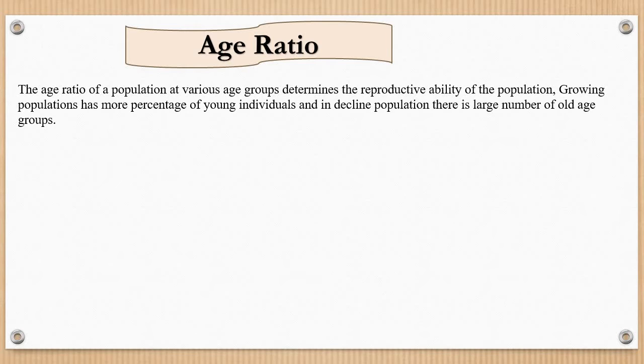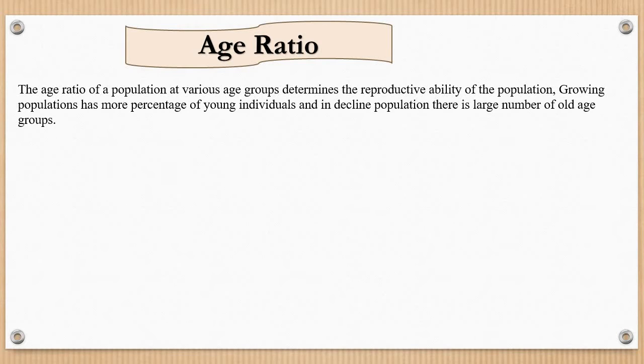Growing populations have a higher percentage of young individuals, and in declining populations there is a large number of old age individuals. This is very important terminology, my dear students. You should keep in mind, you should remember this point, right?